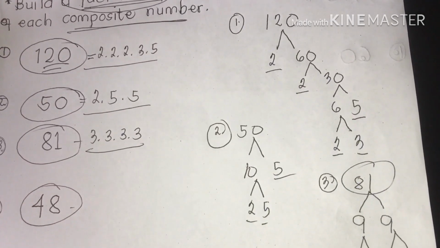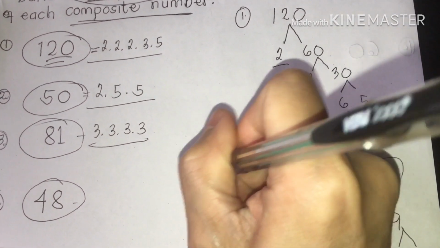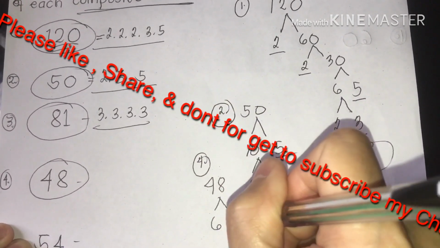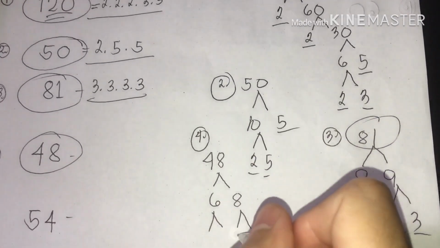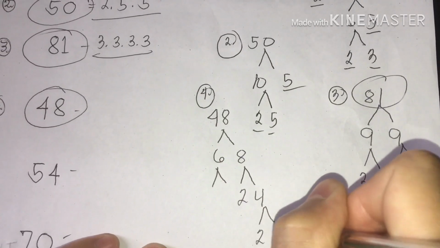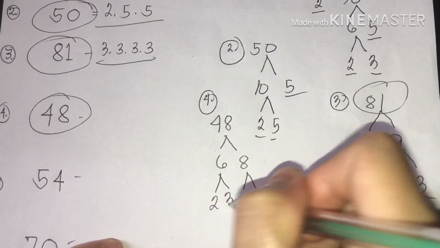Next is 48. 6 times 8. Next, factor 8: 2 times 4, factor 4: 2 times 2. It continues, class. For 6, we have 2 times 3.